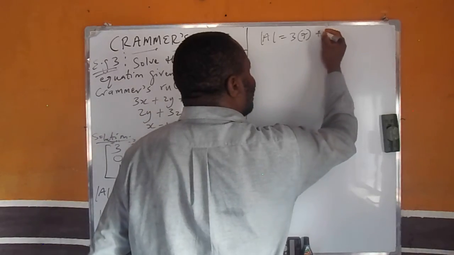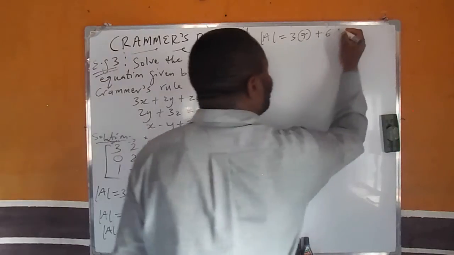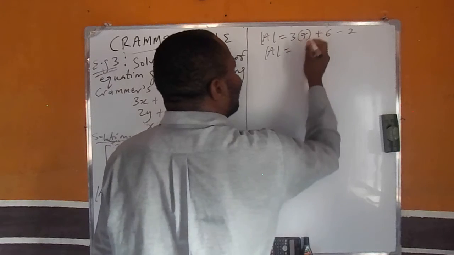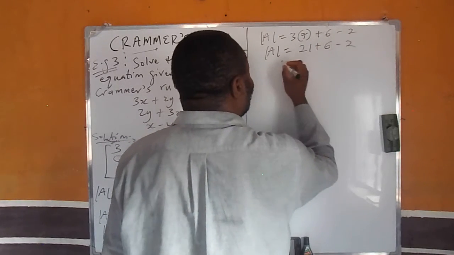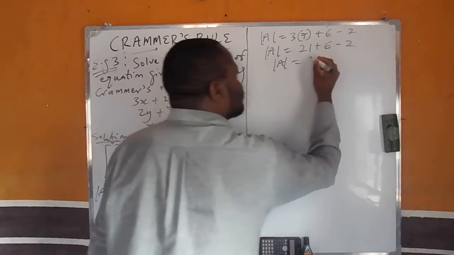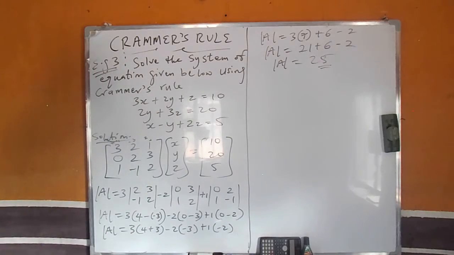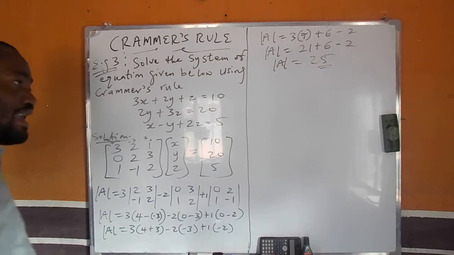That will give us +6, plus 1 times -2, -2. Which our determinant of A equals 7 times 3, 21, plus 6, -2. Which is 21 plus 6, 27, -2. We have 25. Now that we have 25, we can move on to our determinant of x.